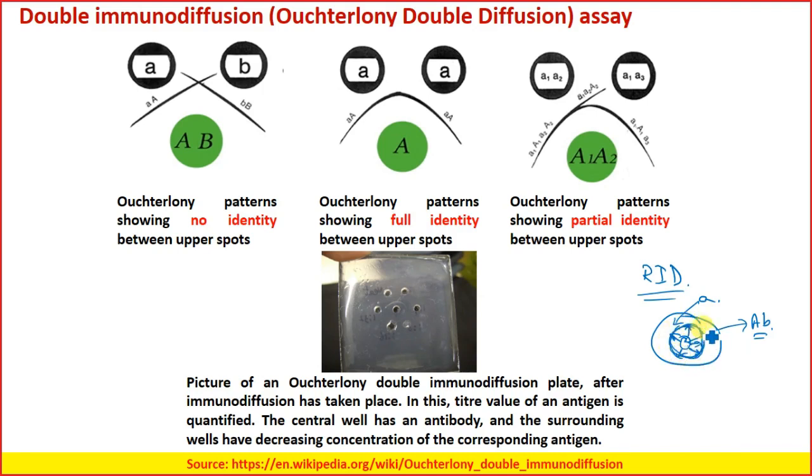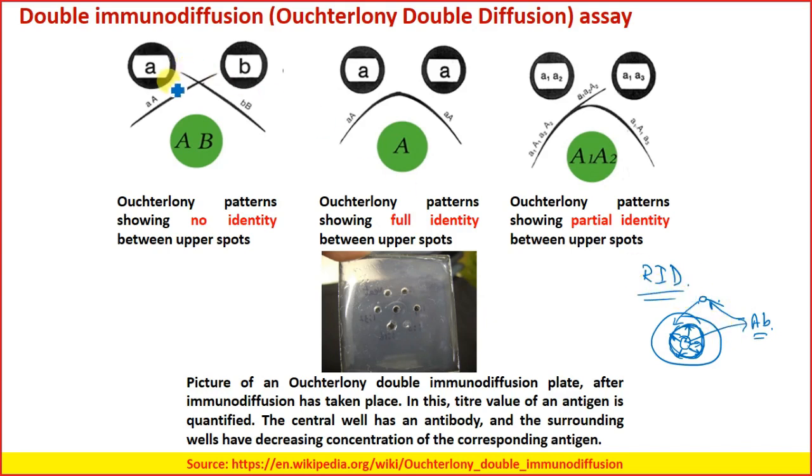This zone will give you information about the amount of antibody present within the sample, and its specificity with the antigen A. So this is called radial immunodiffusion.